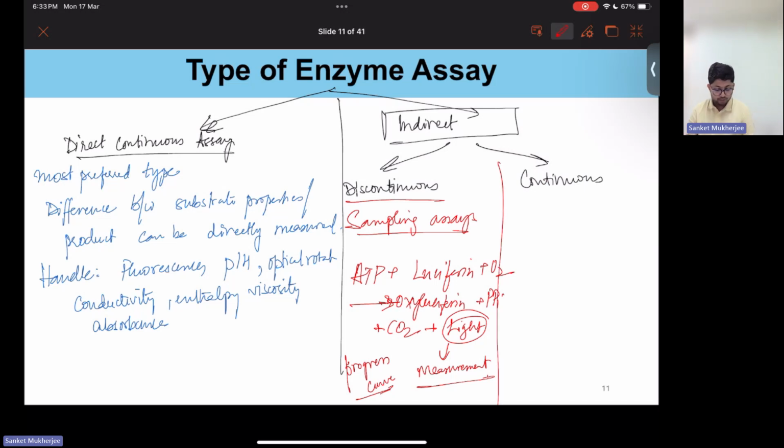In case of continuous, it involves performing manipulations to detect product formation.